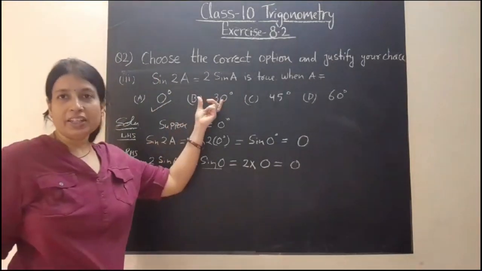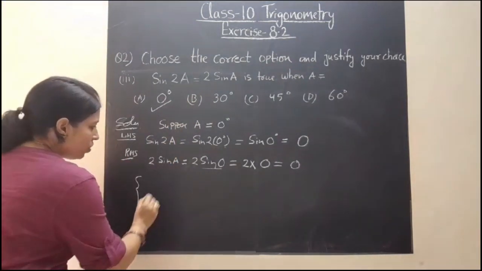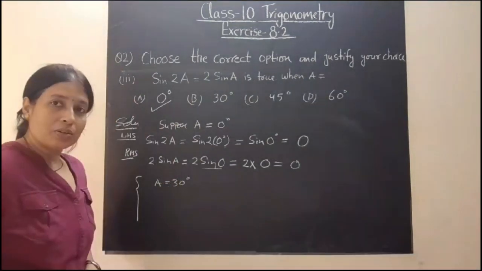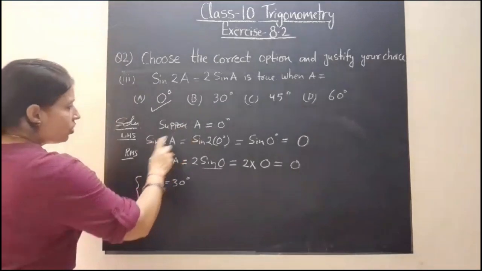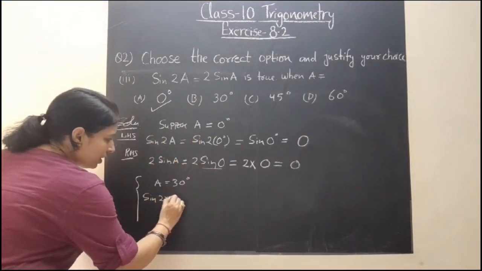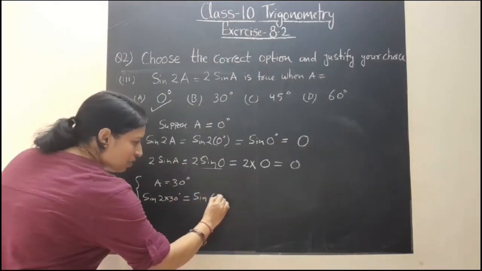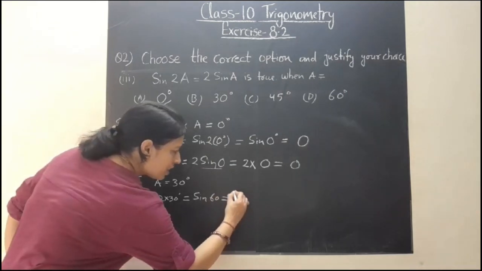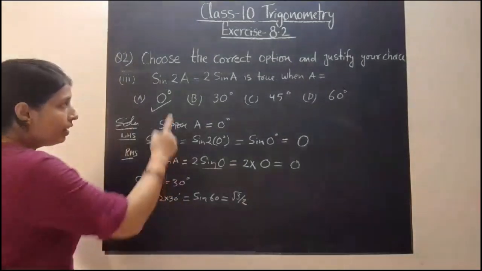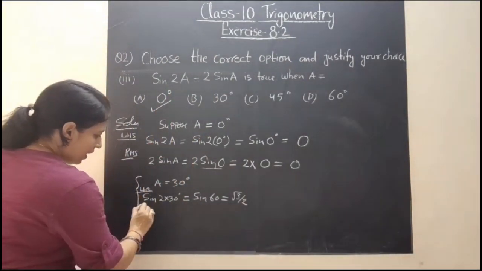If you take 30 degree, let us check it is right or wrong. Okay, so suppose if A is equal to 30 degree, then what will come? Let us see. So sin 2A is equal to sin 2 into 30 degree. This means sin 60. What is value of sin 60? Sin 60 is equal to root 3 by 2. Okay. Then this one is LHS. And take RHS.